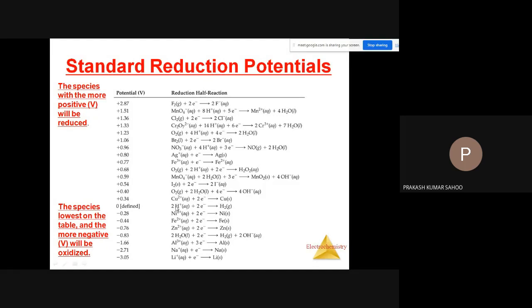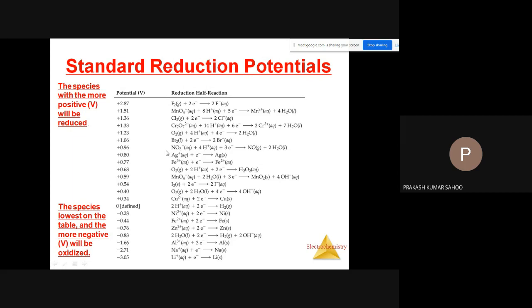If I couple the hydrogen electrode with fluorine, the voltmeter will show plus 2.87. Since hydrogen is 0, 2.87 is for fluorine. If I connect this hydrogen electrode to aluminum, the voltmeter will show minus 1.66. So this is for the aluminum ion.